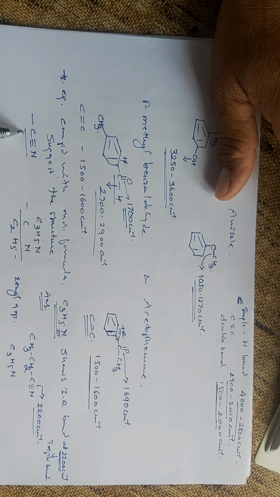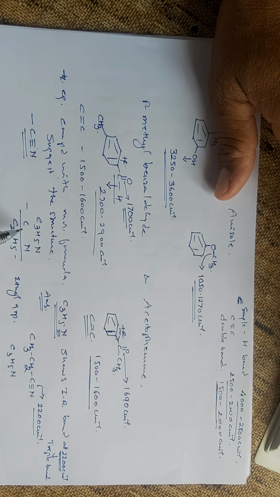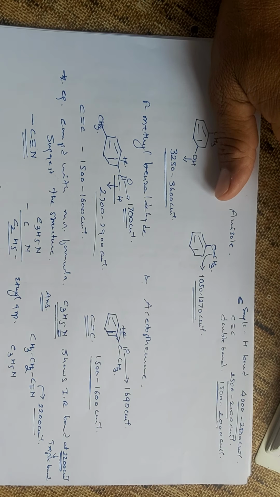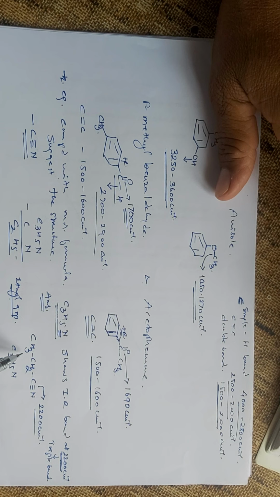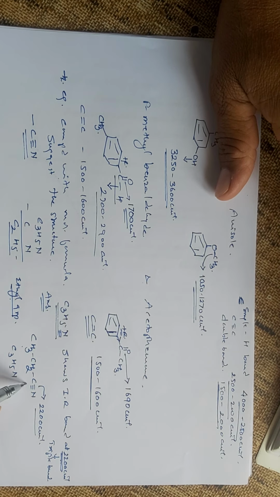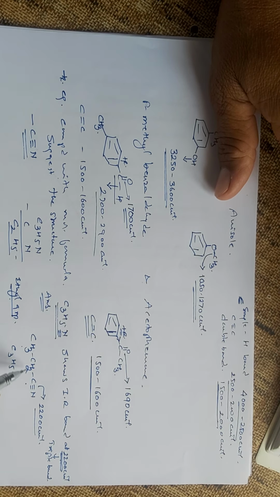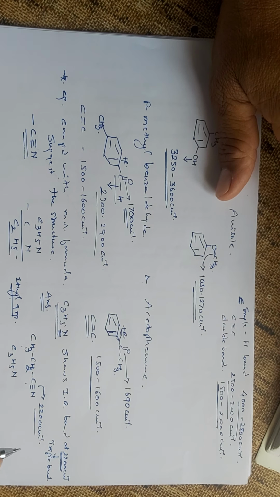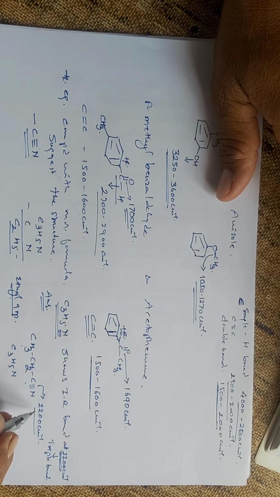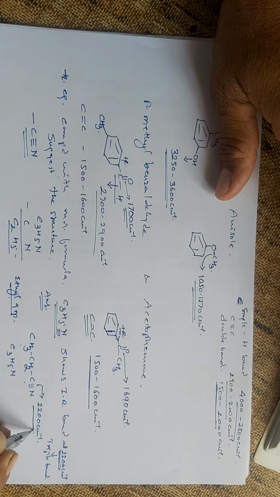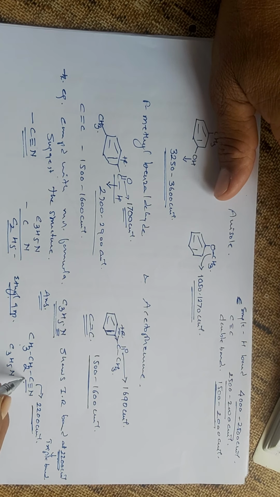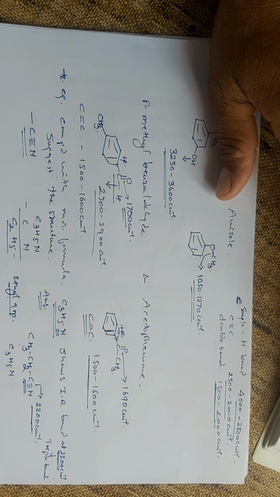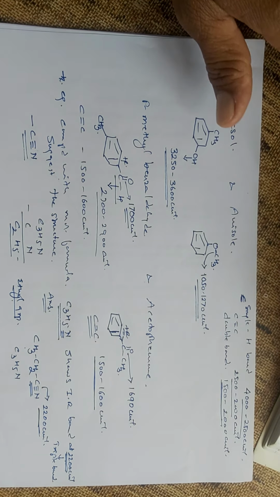If we subtract this one carbon and one nitrogen from the molecular formula, what remains is C2H5. This indicates the presence of ethyl group, and if you attach the ethyl group to the nitrile group, you get ethyl nitrile, which indicates the carbon-nitrogen stretching frequency around 2200 reciprocal centimeter.